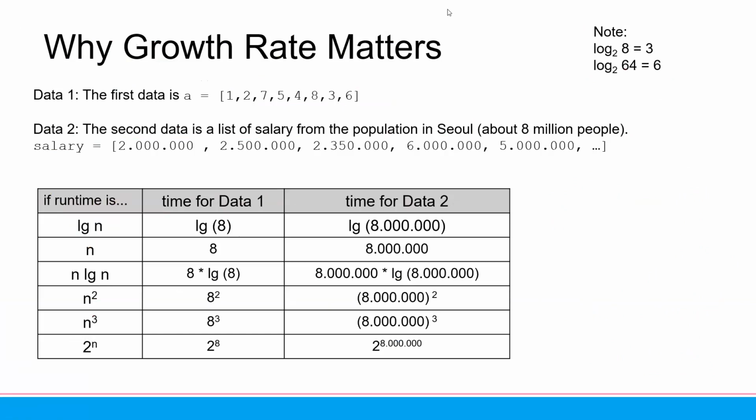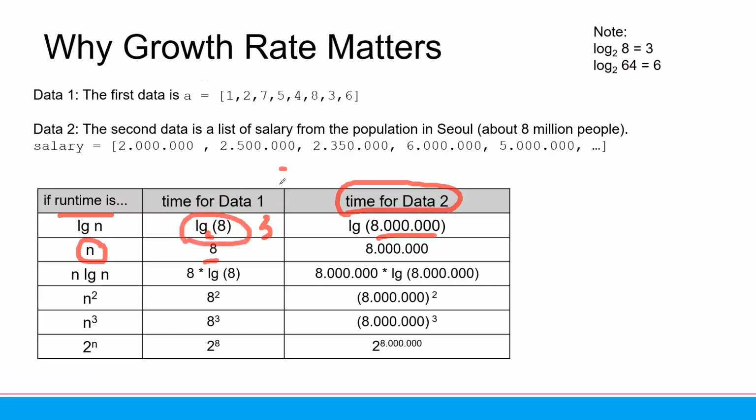So if we have the log base 2 8, then it means the running time will be 3. Okay. So if we have 8 million data, then the running time will be log 8 million. If the runtime performance of our algorithm is n, then when we use the data one, the running time will be 8.